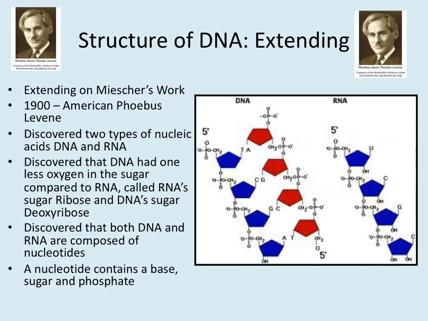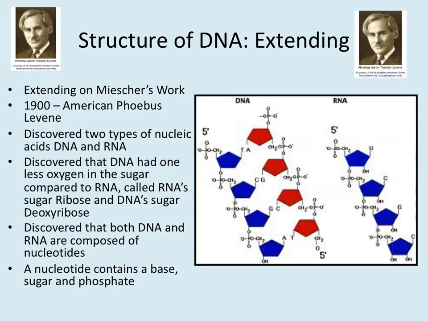Now, extending that, another scientist named Phoebus Levene discovered that there are actually two types of nucleic acids, DNA and RNA. The big part of this lecture is just knowing the contributions. I'm not going to ask you to know all the individual details that I would normally cover in class, but for this lecture what we really need to know is what the contributions are.